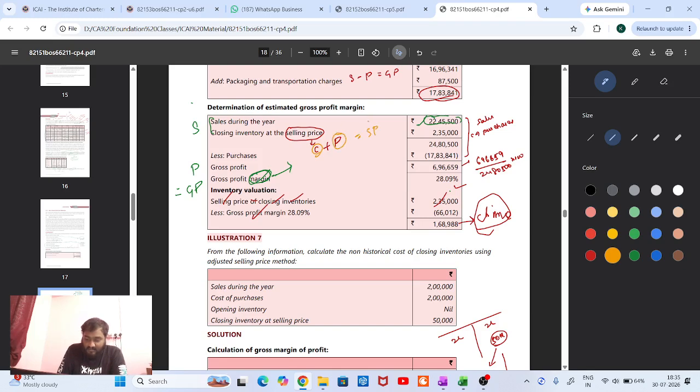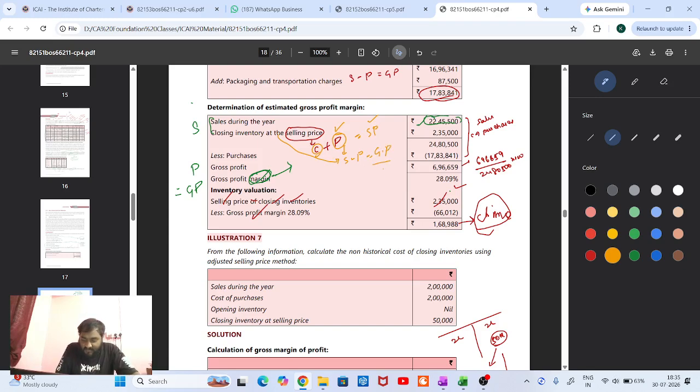How do we find this? Sale minus purchase, with sale including inventory, which is also known as gross profit.